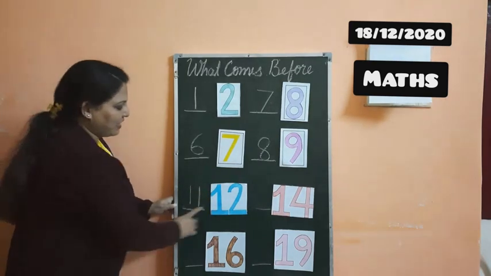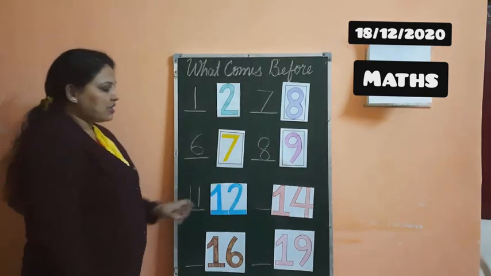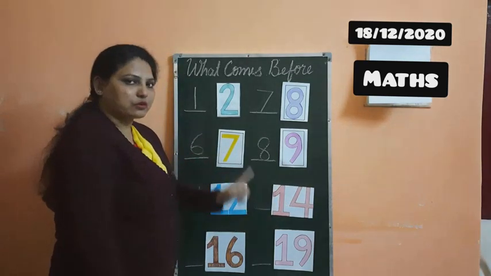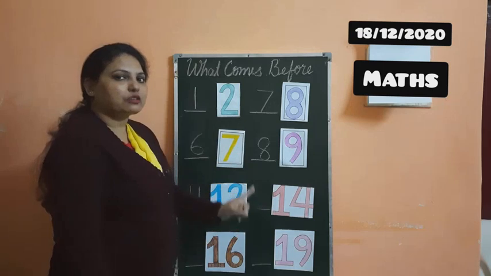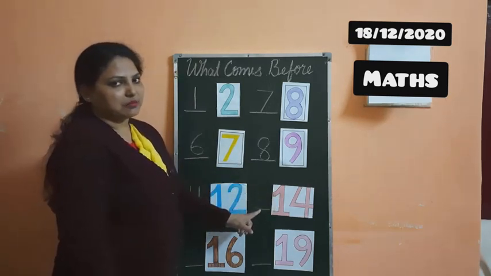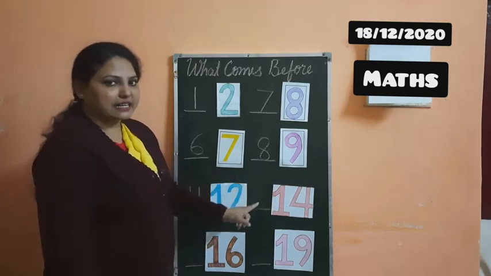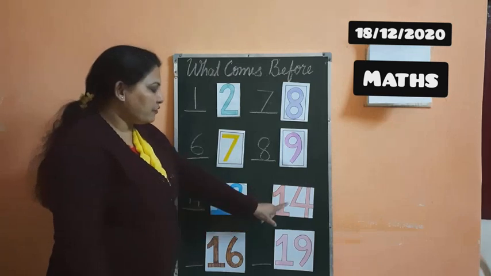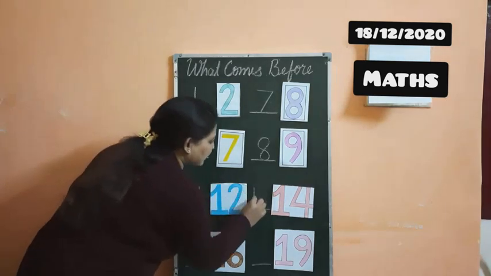So 11, 12. Same for 14 also. Before 14, you have to count and write which number will come. 20, 19, 18, 17, 16, 15, 14, then 13.